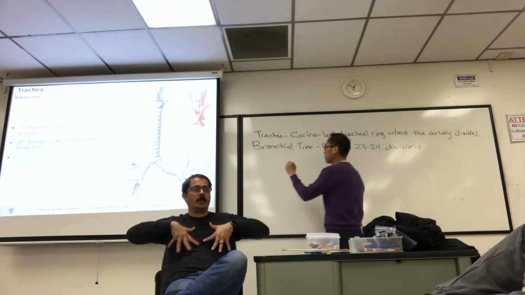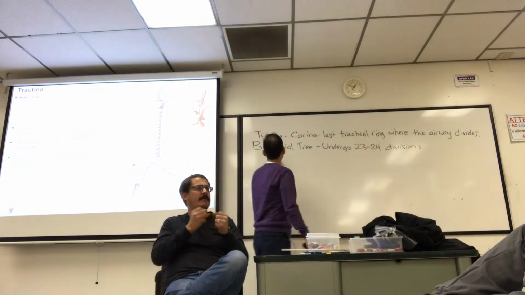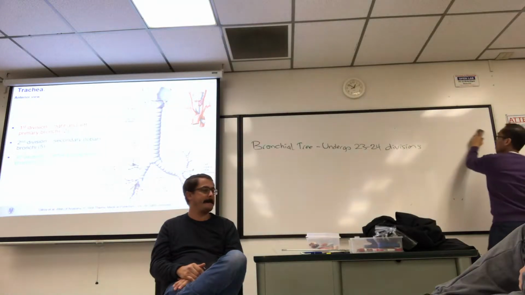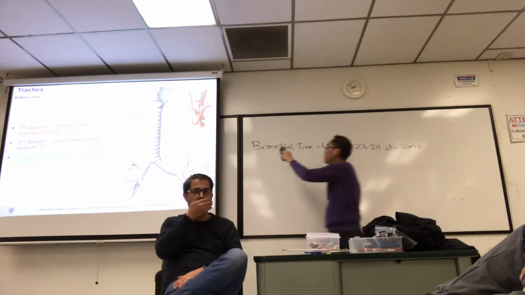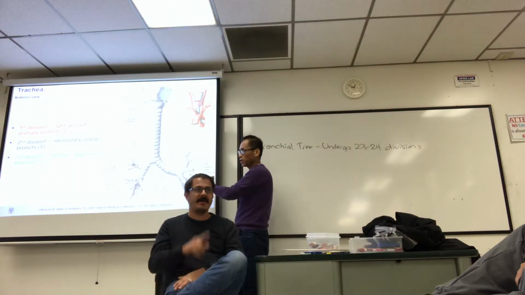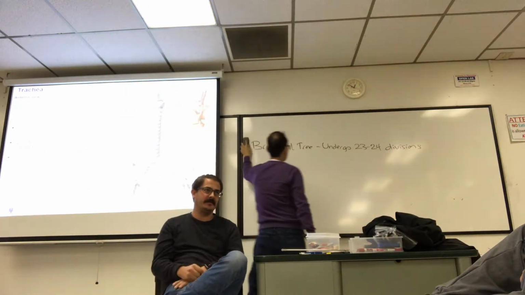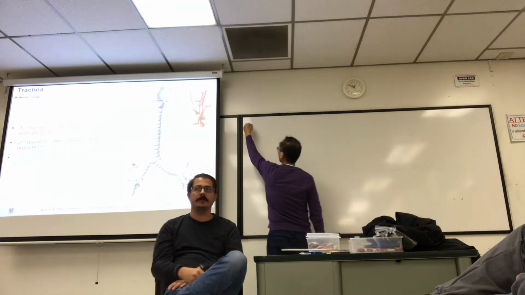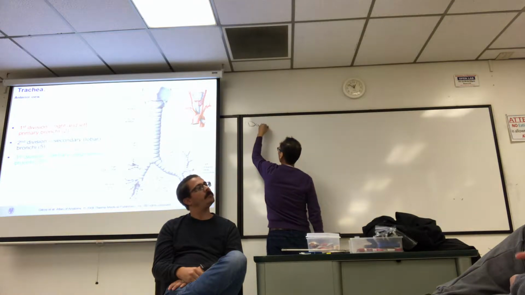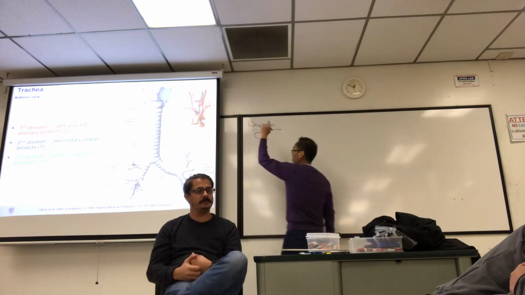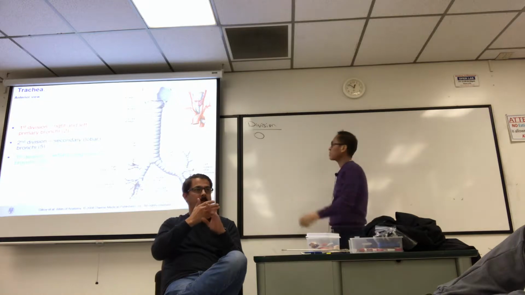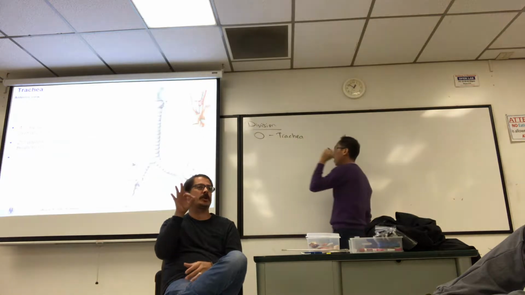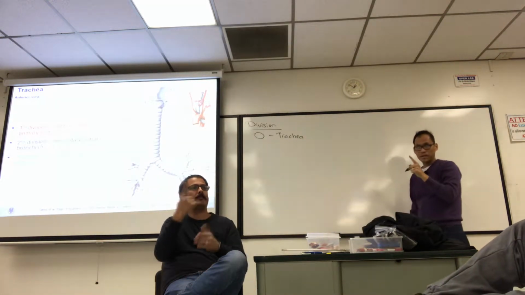So if you keep track of the division number, it's really an upside down tree, right? As it branches. Division 0, before it divides, that's the trachea. You got one trachea, and it divides at the carina.